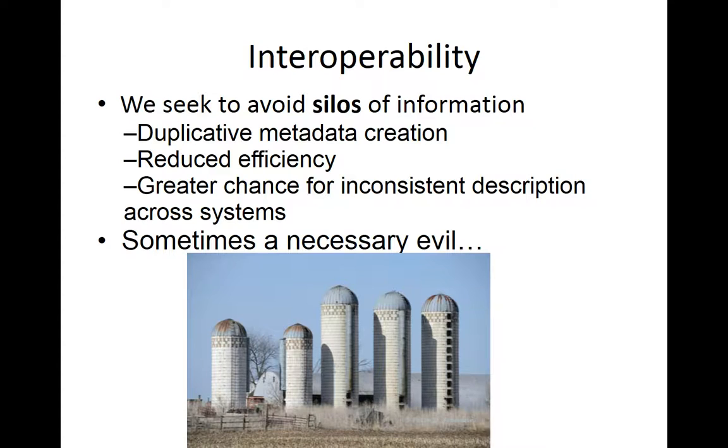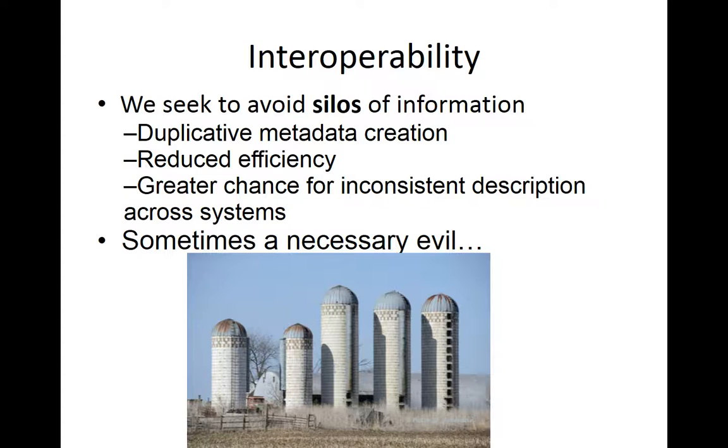So we've heard the term silo used a lot, and silos, more or less, I guess, are a bad thing, but sometimes they're necessary. There are reasons why silos emerge. But the idea with being interoperable is that you want to get rid of duplicate metadata.